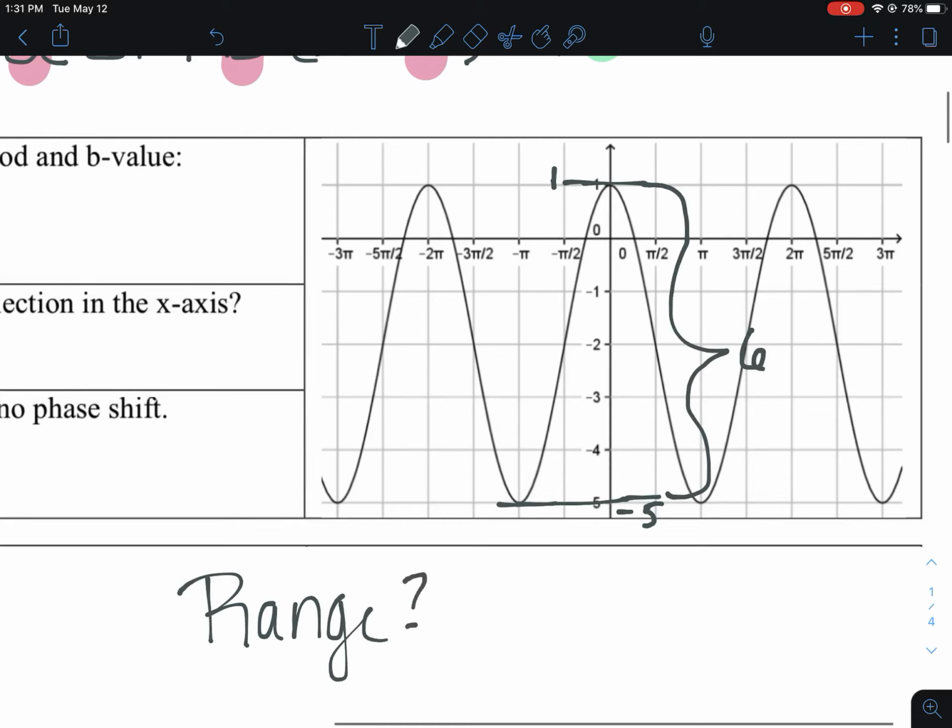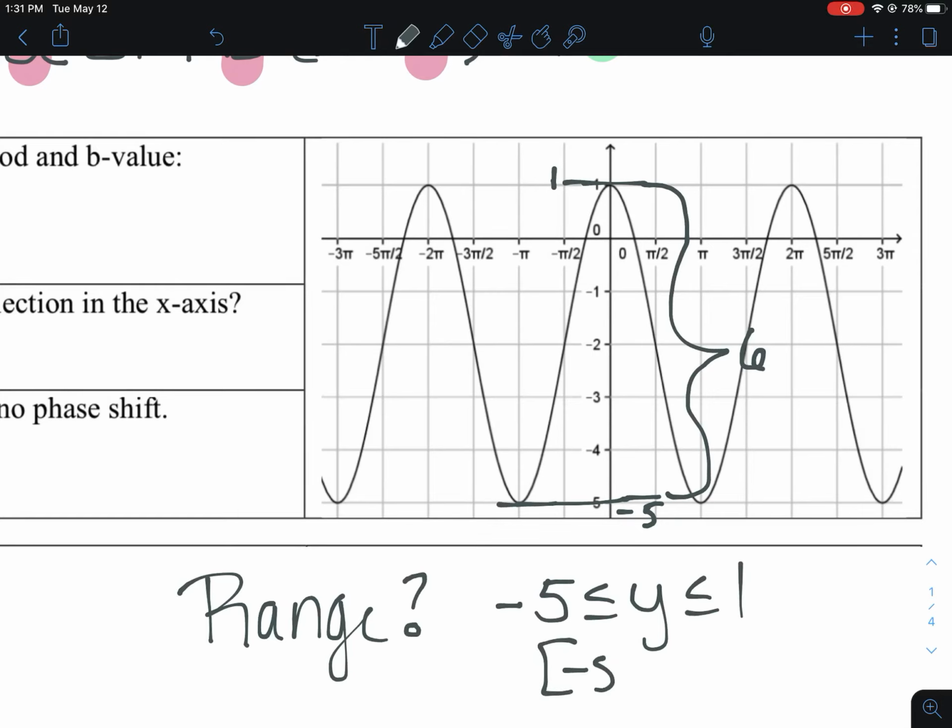So if we were asked what's the range of this function, well, then you would say it goes from -5 to 1, or we could write it -5 up to 1, right? The midline has to be in the center, directly in the middle of those 2 values.